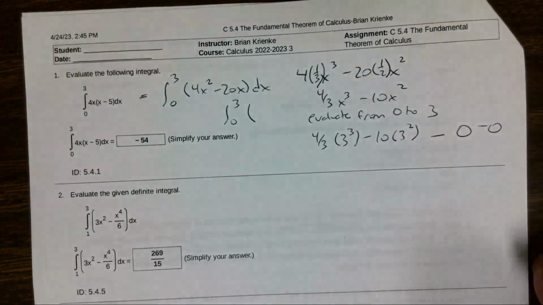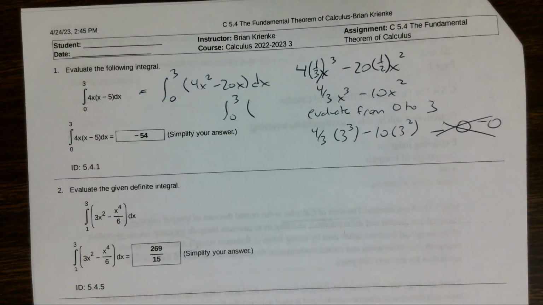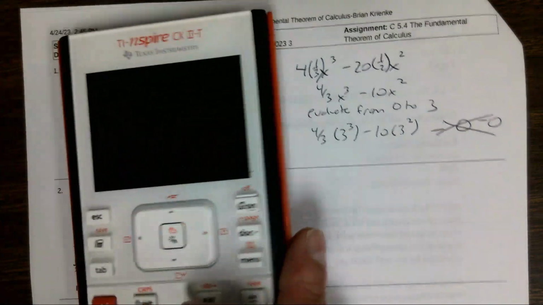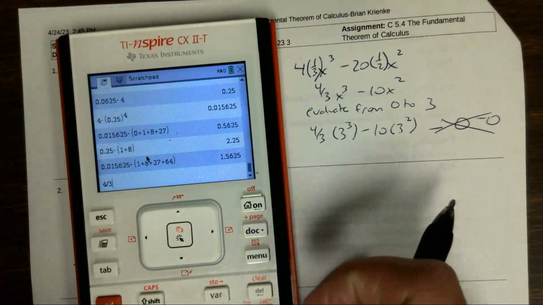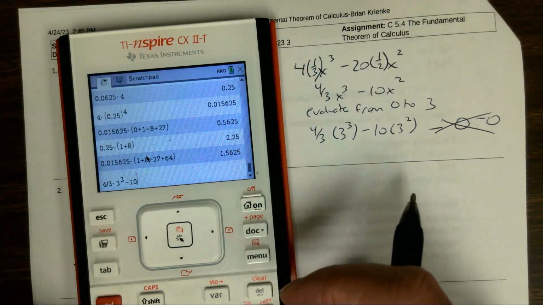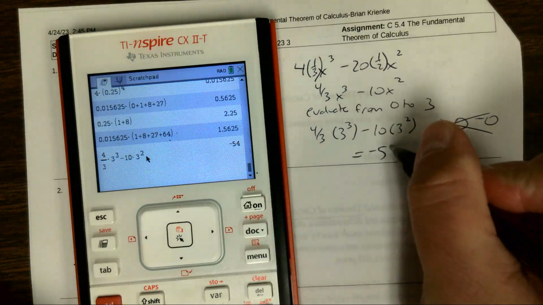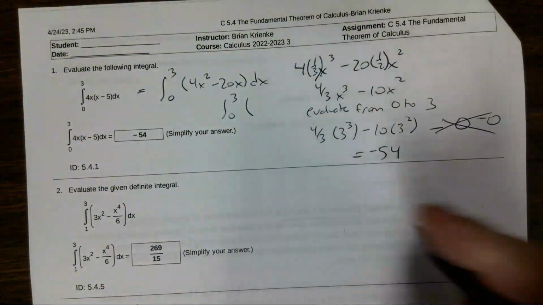So that part doesn't really matter. So let's see what you get. Four thirds times 3 to the third minus 10 times 3 squared. That gives us -54. And that's what we were looking for.